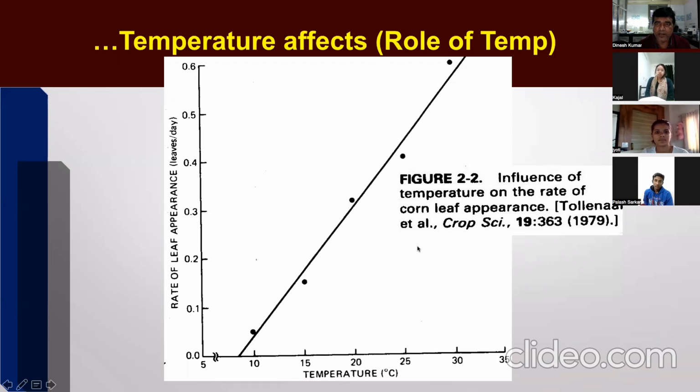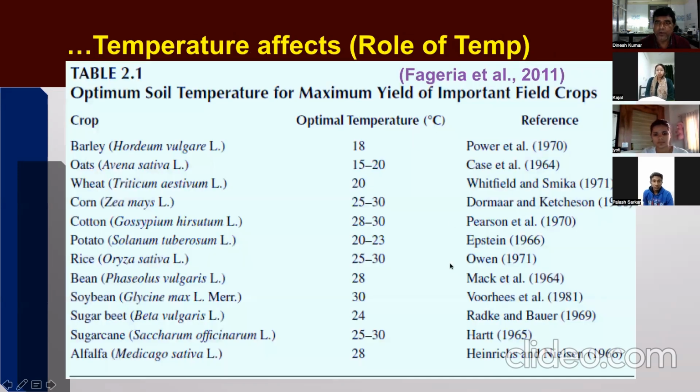Now you can check the optimum temperature range for different crops. For barley, for oats, for wheat, you can see the temperatures are 20 to 25.